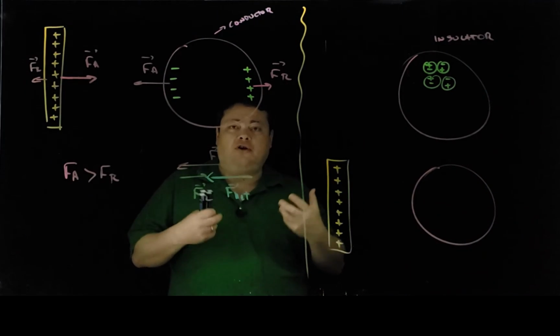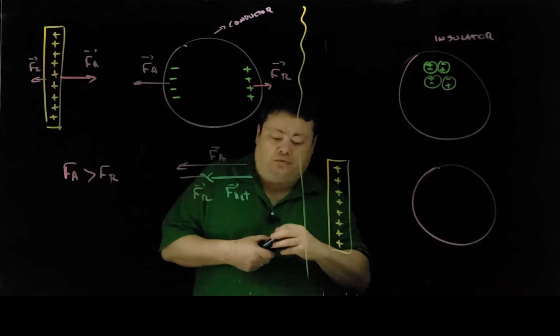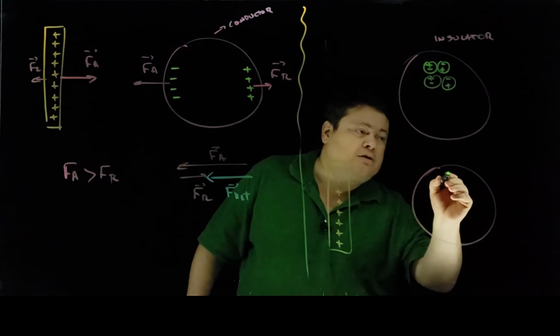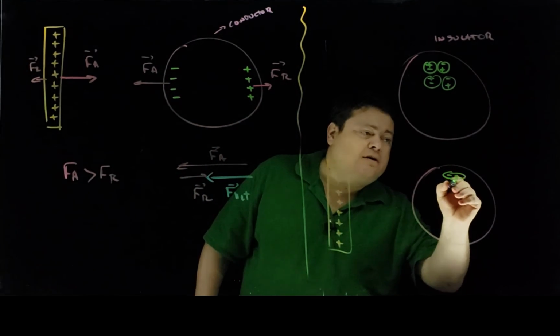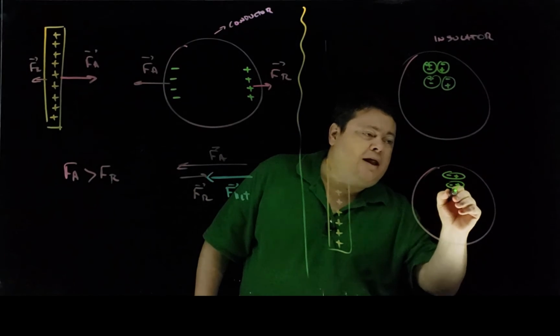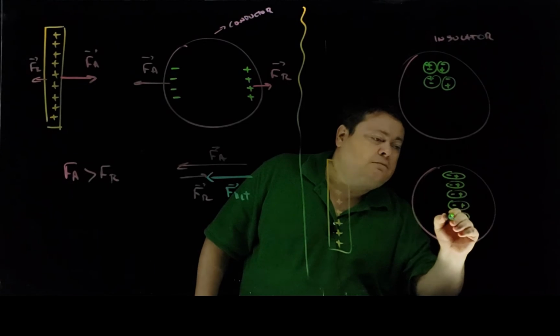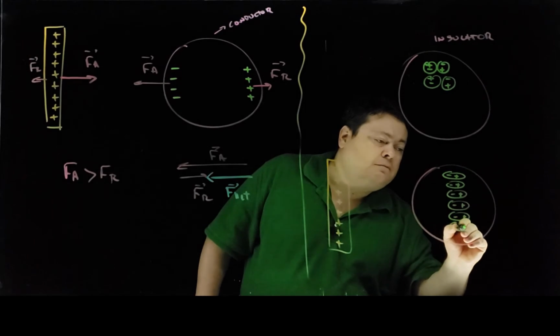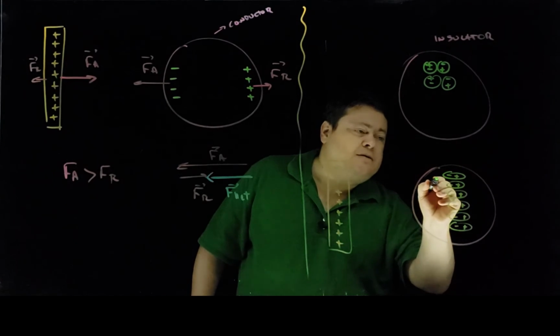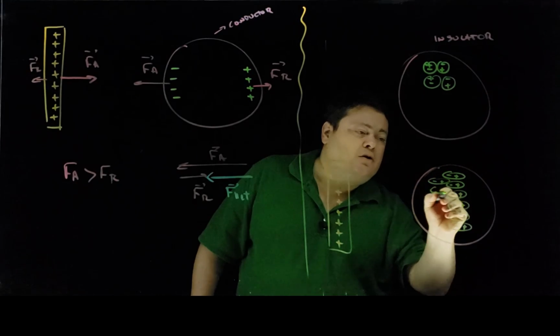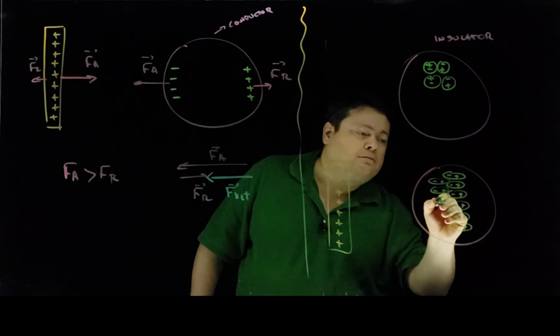And that will effectively create tiny little poles inside of my object. So what I want to have is molecular level electric poles. And they are kept in place by the presence of the external charge.